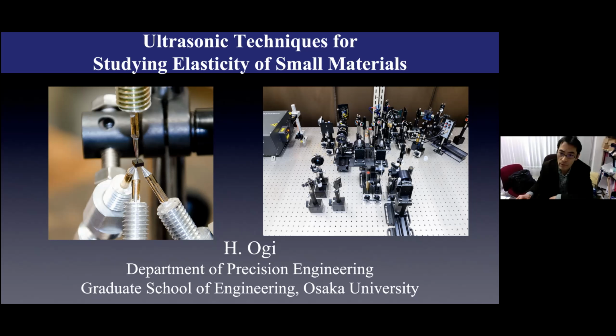The second method is picosecond ultrasound, in which we can generate very high frequency ultrasound, exceeding 100 gigahertz. With such high frequency ultrasound, it is possible to very accurately evaluate the elastic constant of a thin film.